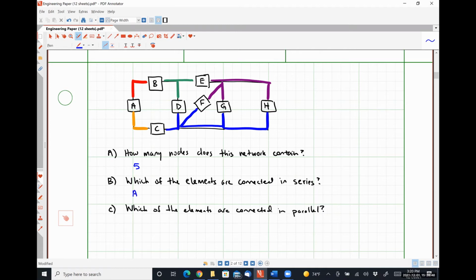So I like how you answered that question. A and B are connected in series, and A and C are connected in series. We will learn later, I think Monday-ish, another definition for a series connection that would tell us that C and A and B are all 3 connected together in series.